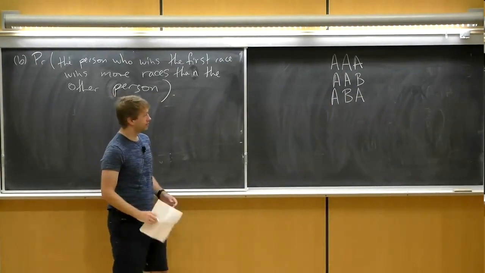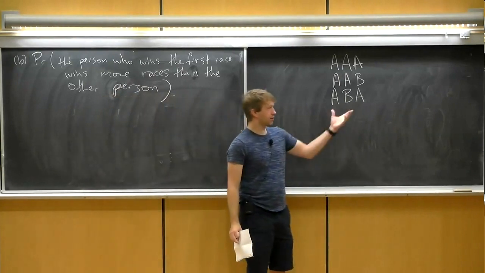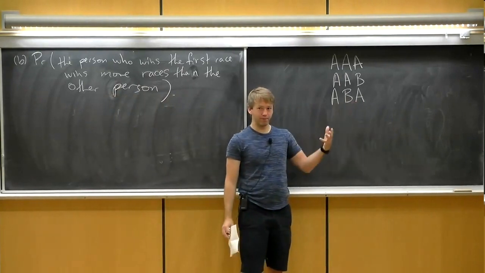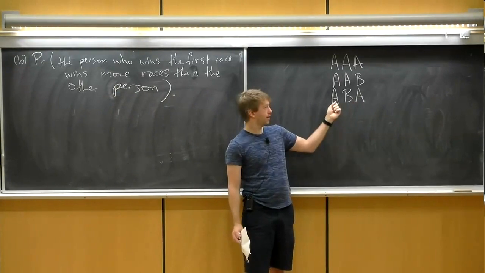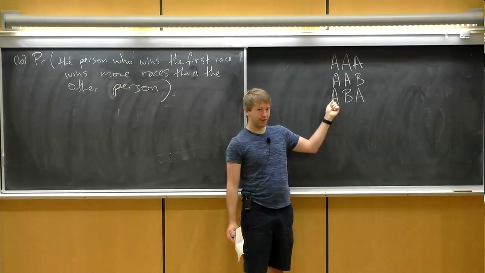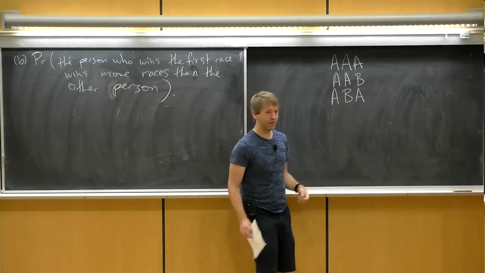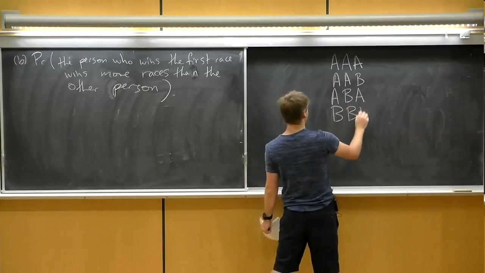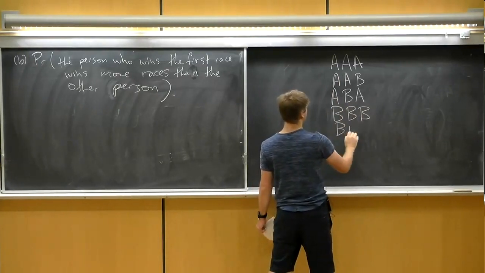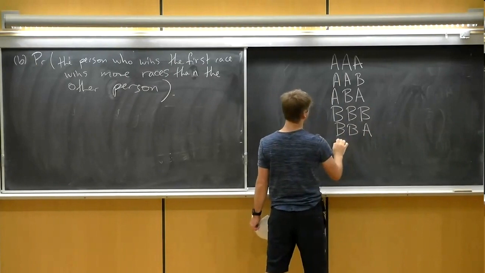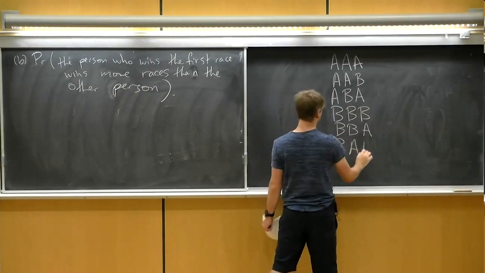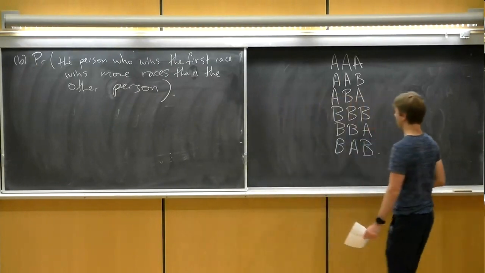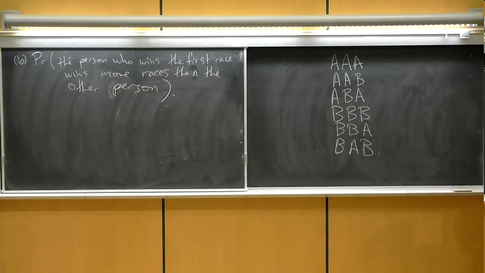Right? And I think these are all the possibilities that we should be counting where Alice wins first, because there's no other way for her to win first and win more races. And then you've got the opposite things, so you just change the A's to B's. So 6 possibilities in total.